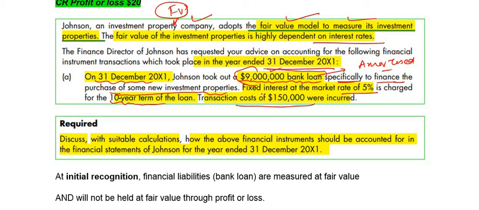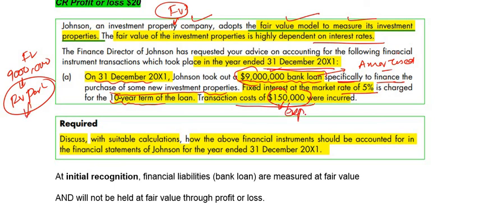The first thing is that this amount will now be expensed to profit or loss, because the financial liability, which is the 9 million, I will just write 9, will be held at fair value to profit or loss. So when the financial liability is subsequently held at fair value to profit or loss, then the transaction cost will be expensed to profit or loss. Fine, this is done.